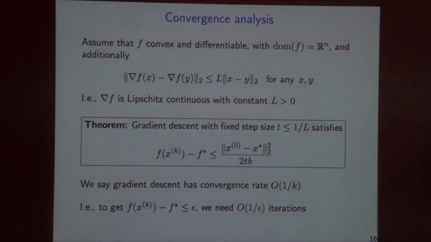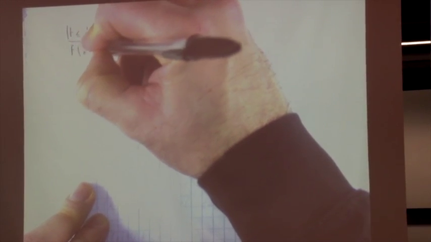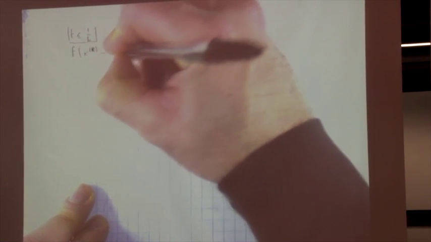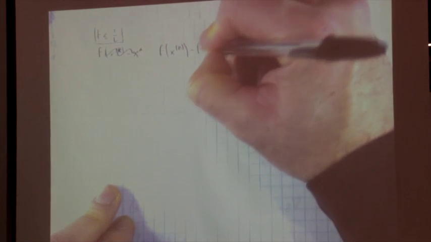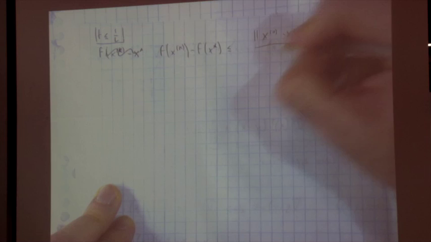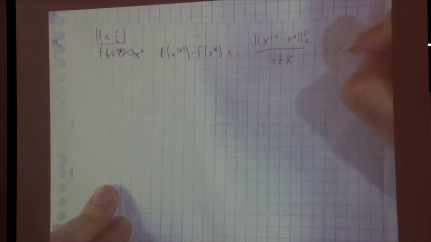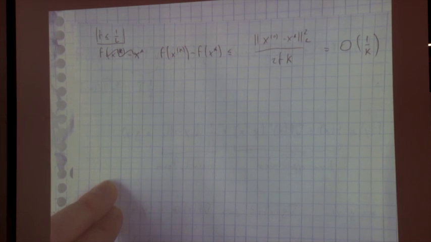Maybe put it this way: the theorem is saying that if t is less than 1 over L and fixed, then f of x_k minus f of x star is not larger than the norm of x naught minus x star squared divided by 2tk, which is big O of 1 over k.